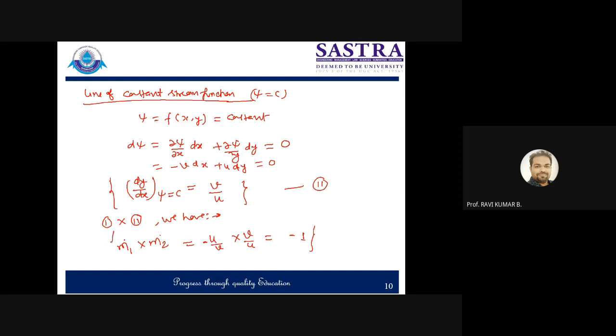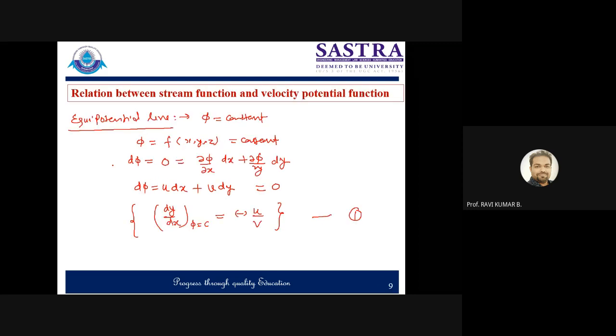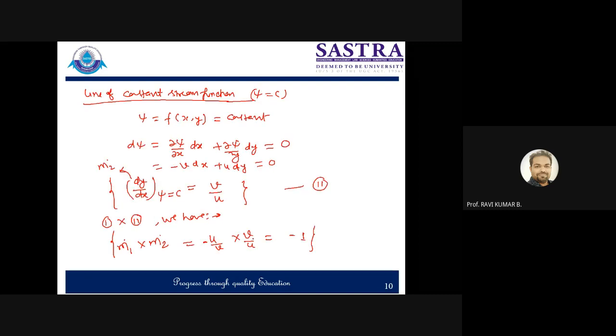So two slopes, if I say this as m2 and the earlier one was m1. So what is this important relation? m1 into m2 is equal to minus 1. That means equipotential lines and stream lines are orthogonal to each other.